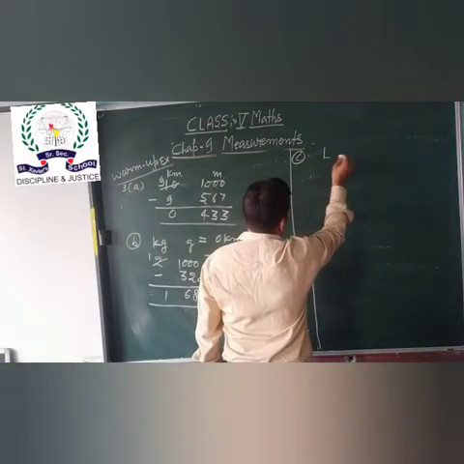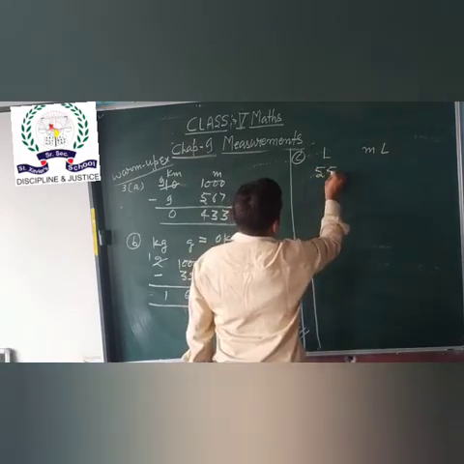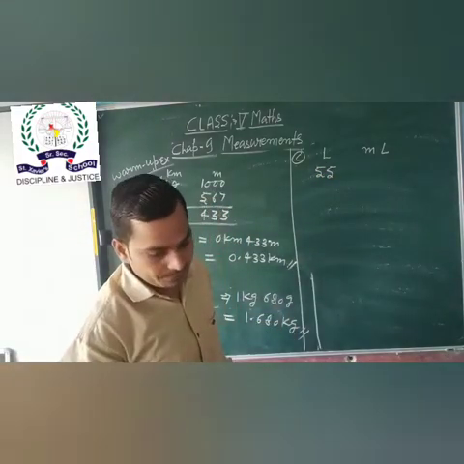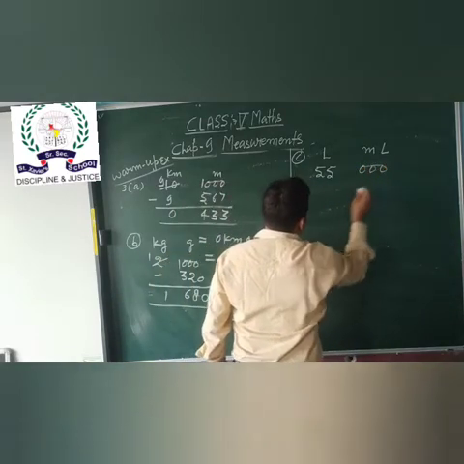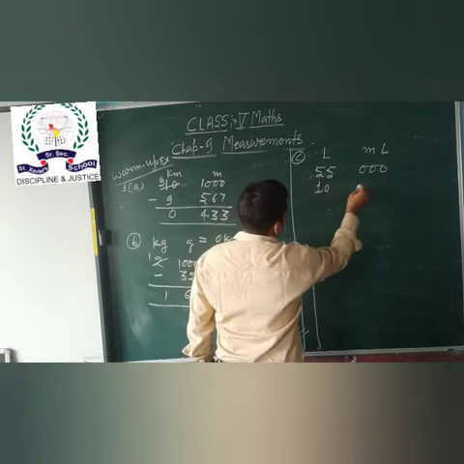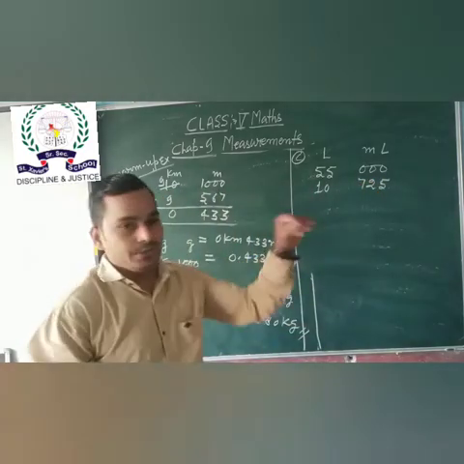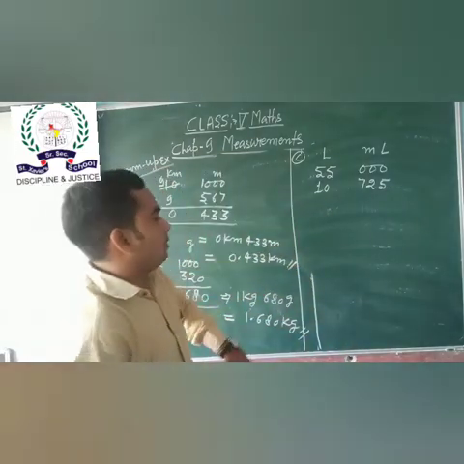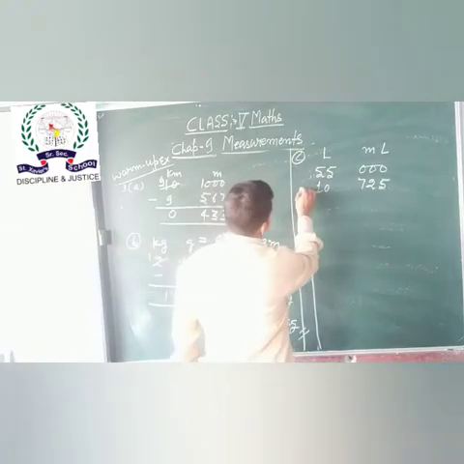Here we write the units liter and milliliter. 55 liter 000, and 10.725 means 10 liter and 725 milliliter. Then subtract.